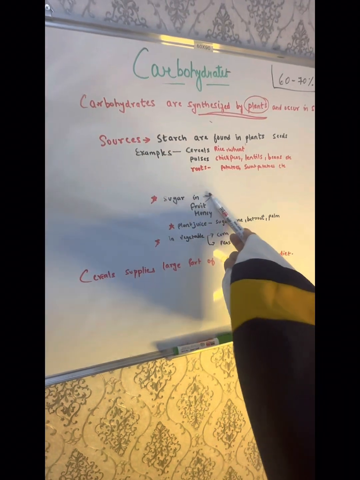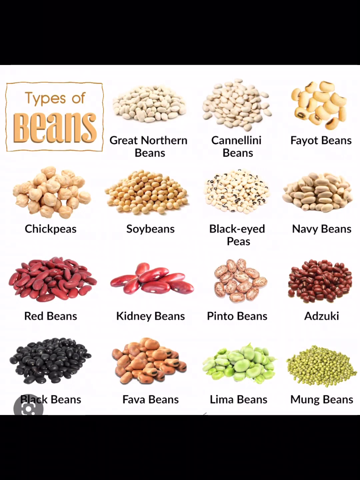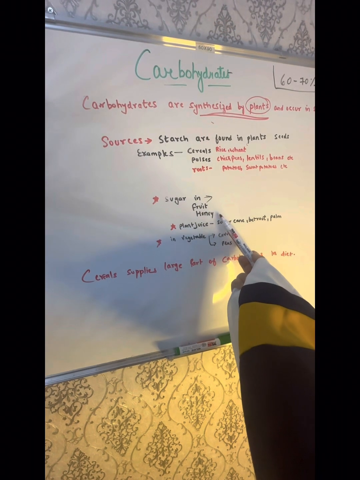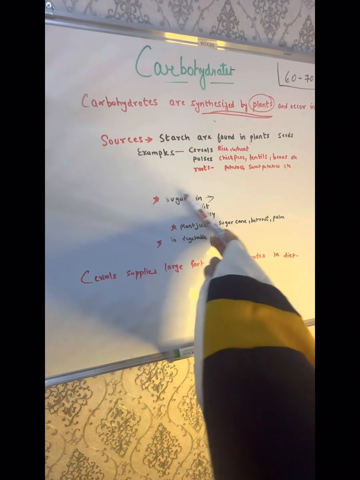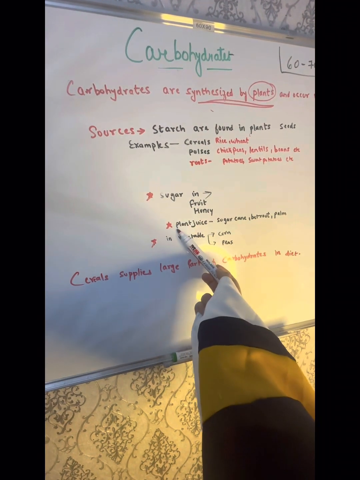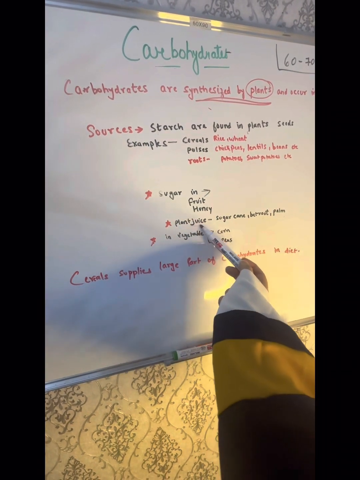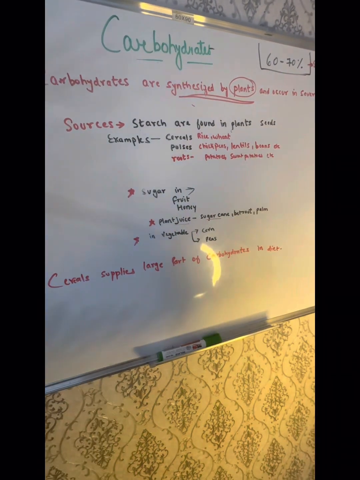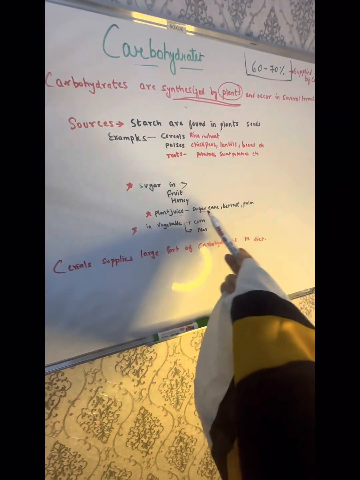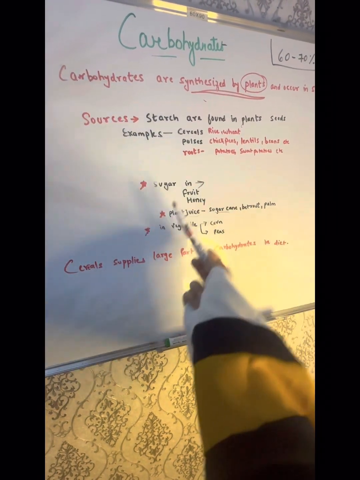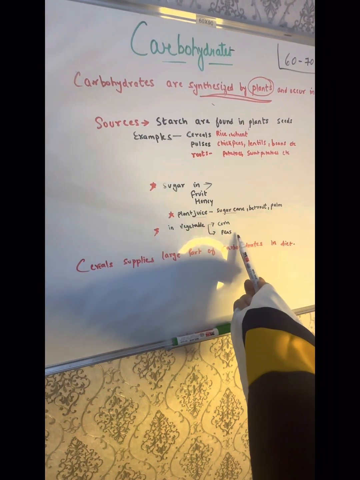Now sugar is found in fruit and honey. Plant juice: sugarcane, beetroot, and palm. These are in the form of plant juice. Okay, examples: sugarcane, beetroot, and palm. In vegetables are corn and peas.